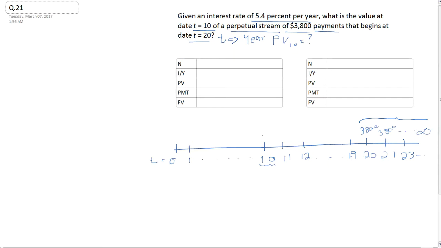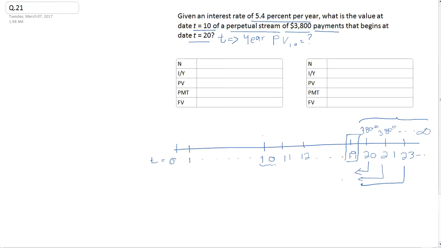So how can you find the answer for this question? So the way that you can do it is just basically you discount every single cash flow to t equal to 19.